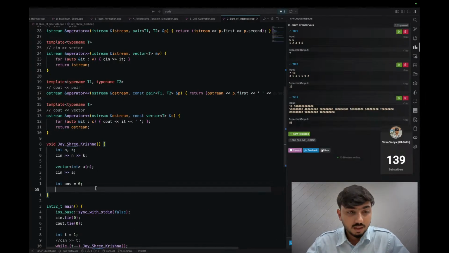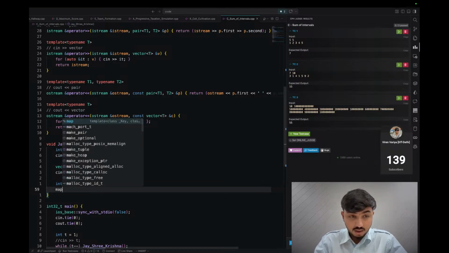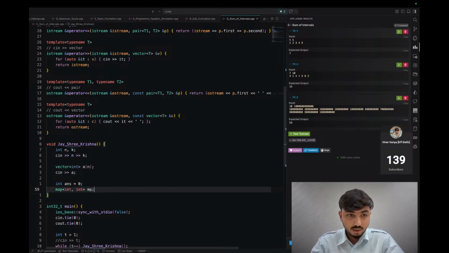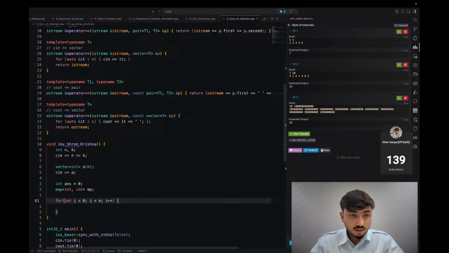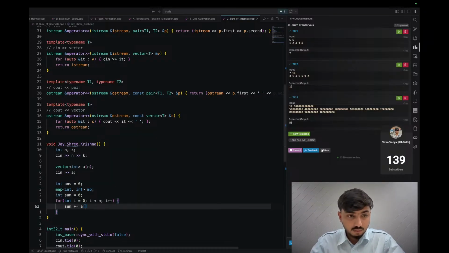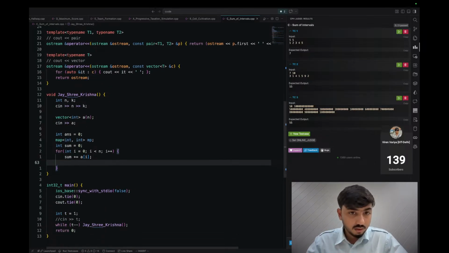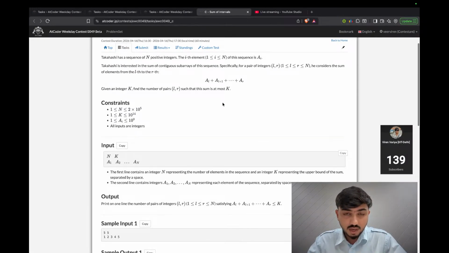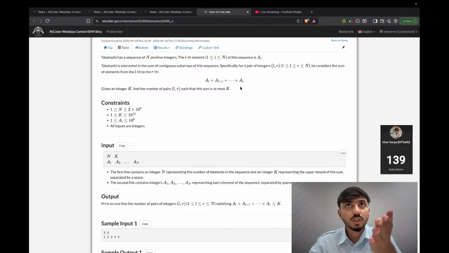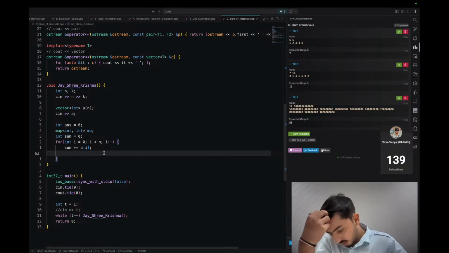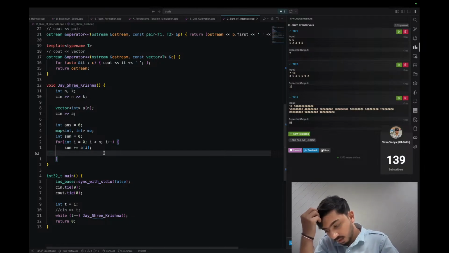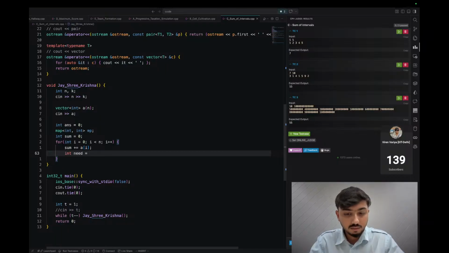So what I am thinking is I will maintain, let's say, a map of int comma int, mp, and the current sum is 0, sum plus equals a of I. We need all the subarrays whose sum is at most k, so need is equal to k minus sum, right?